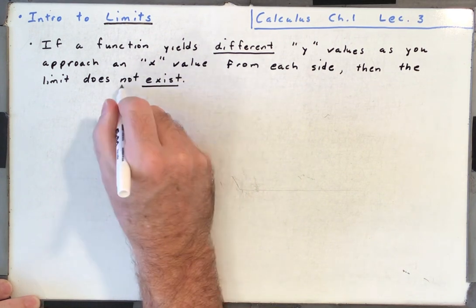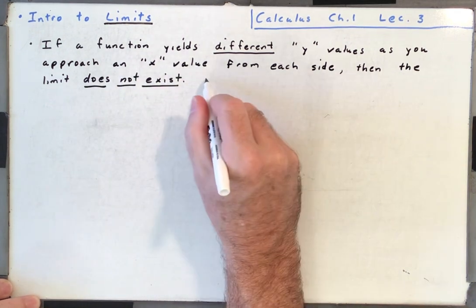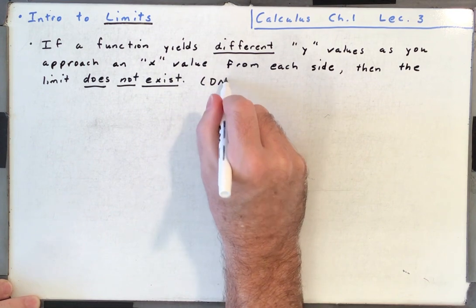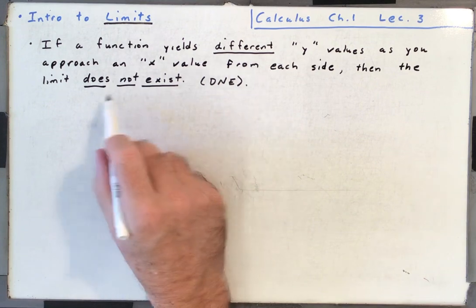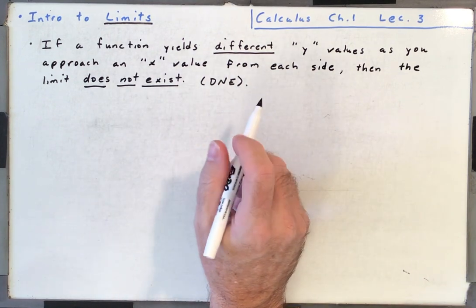We're going to use the acronym DNE. You don't have to write out the whole does not exist, just DNE.